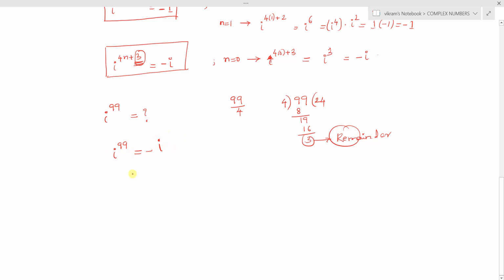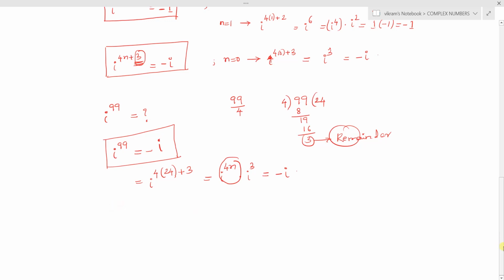Because it can be written as iota power 4 times 24, that is 96, plus 3, 99. So i^(4n+3) is iota^(4n) into iota^3. So iota^(4n) is 1 and i cube can be written as minus i. So we find i^99 as minus i.